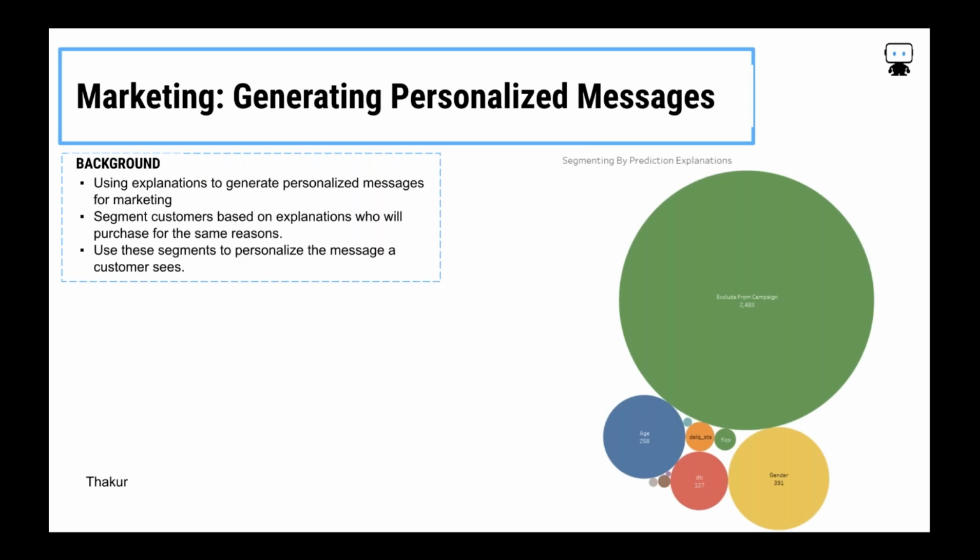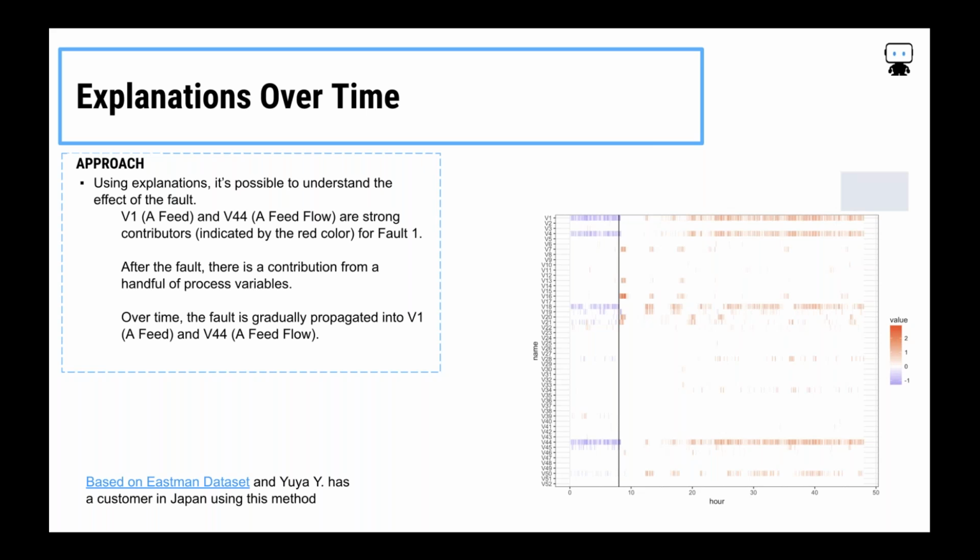A couple of other examples we've done is folks have taken these explanations that come out, used them to generate personalized messages for marketing, and then segmented customers based on those explanations as well. You can also take these explanations, and often in a manufacturing context, we've done this several times, look at your explanations over time.